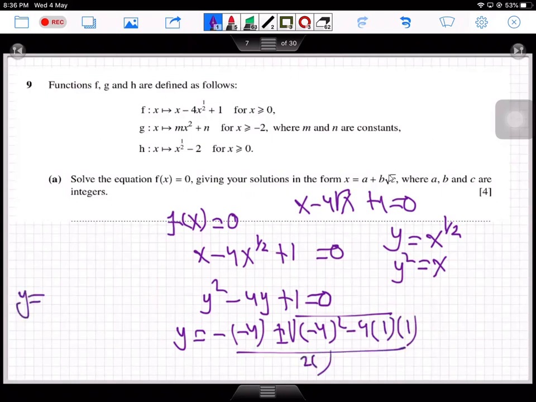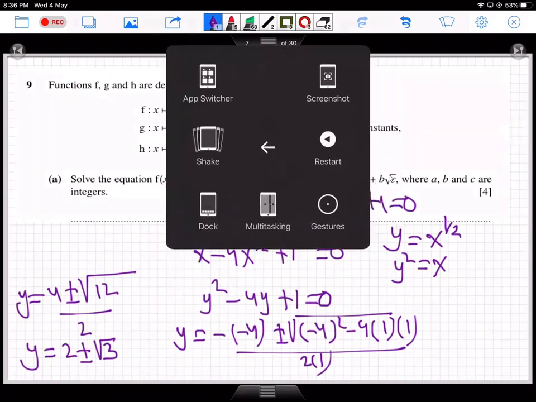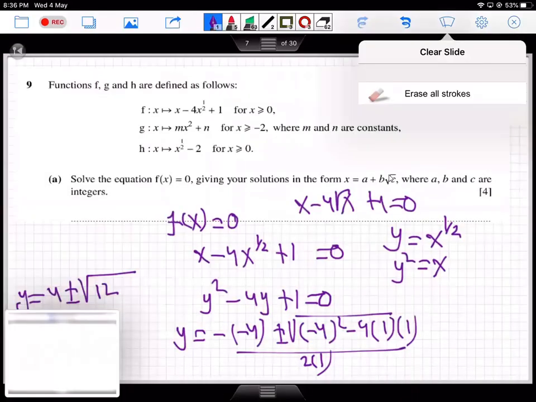So y is equal to 4 plus or minus the square root of 12, divided by 2. So 4 plus root 12 divided by 2 is 2 plus root 3. y is equal to 2 plus or minus root 3. These are the two possible values of y. One is 2 plus root 3 and the other one is 2 minus root 3. But y is actually equal to x raised to the power half.